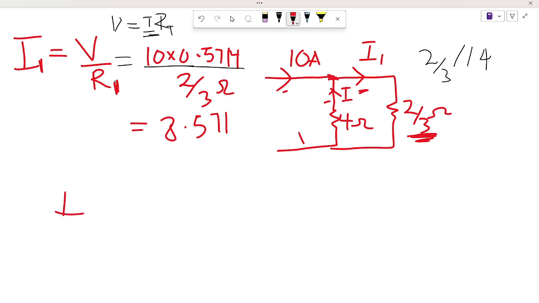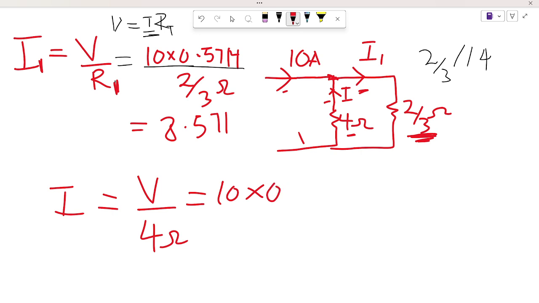After simplifying our circuit, we can go straight away and say our I is also going to be equal to V over the resistance through this particular load, so that's over 4 ohms. And we've already found our V. The V is the total current times the total resistance, so that gives us 10 times 0.5714 all over 4 ohms.